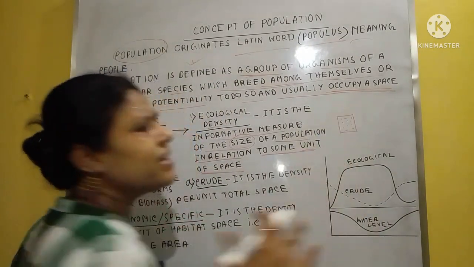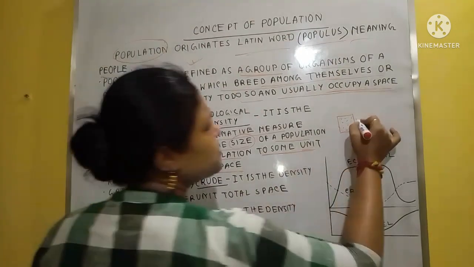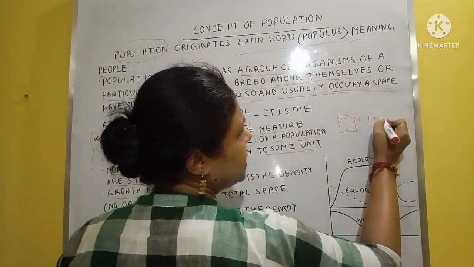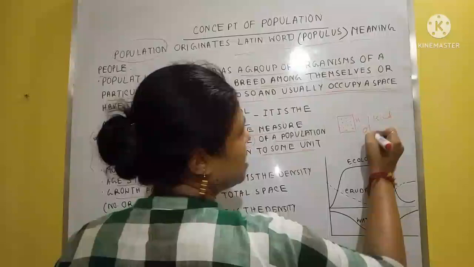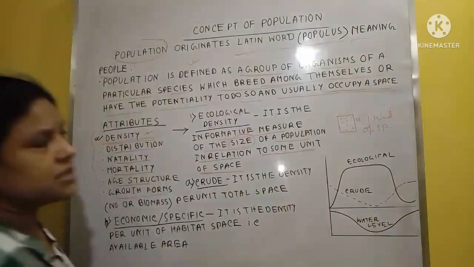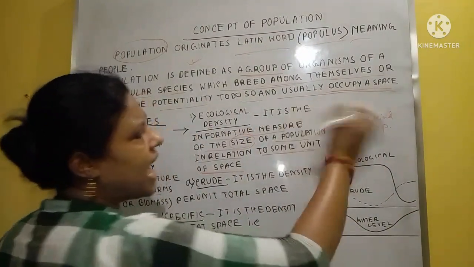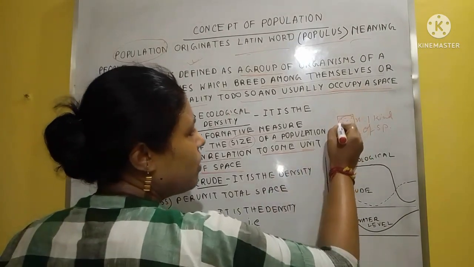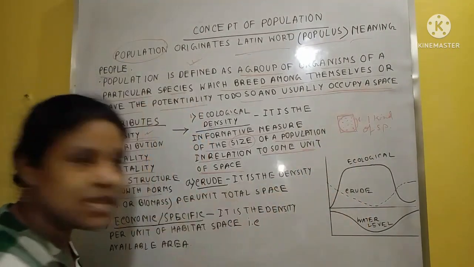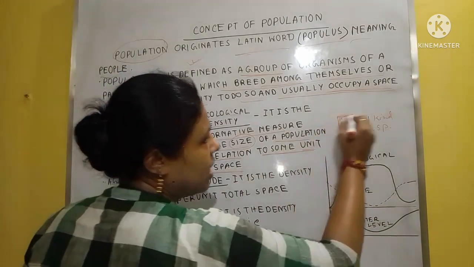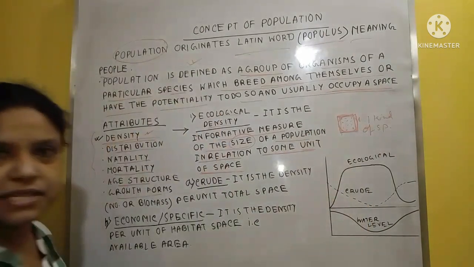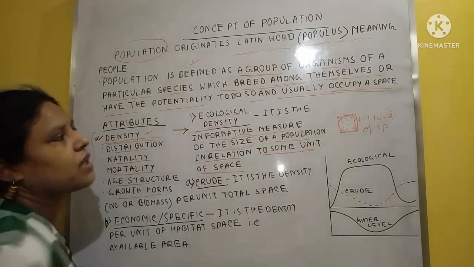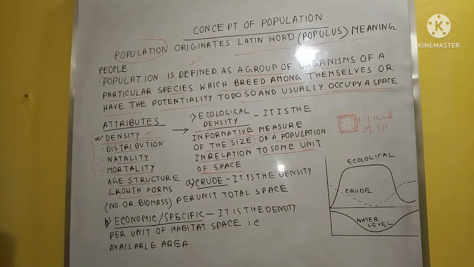Suppose we consider this is one kind of species, not many. The individuals are interrelated with each other. So the number of these individuals within this area or unit of space is called the density, or the ecological density.